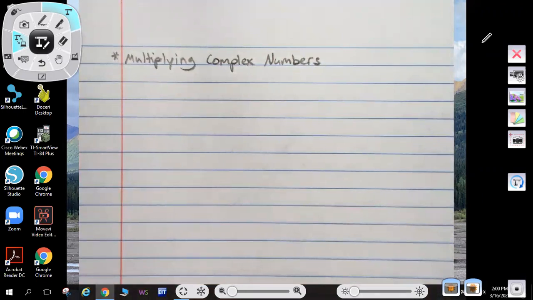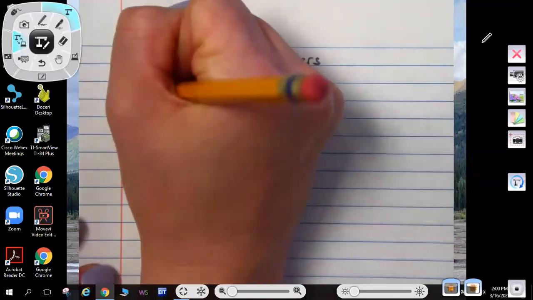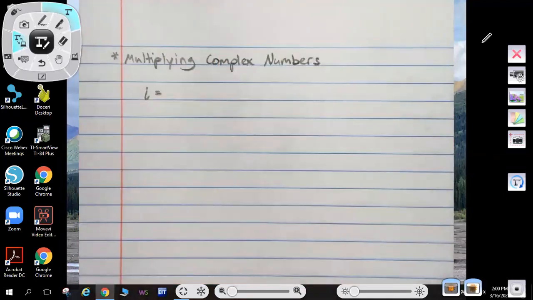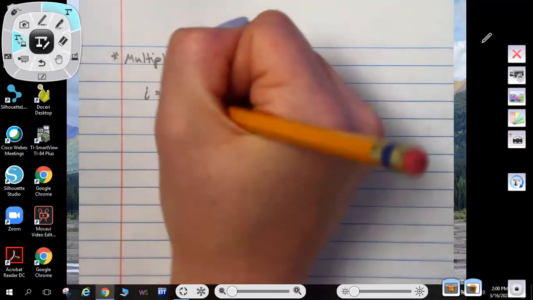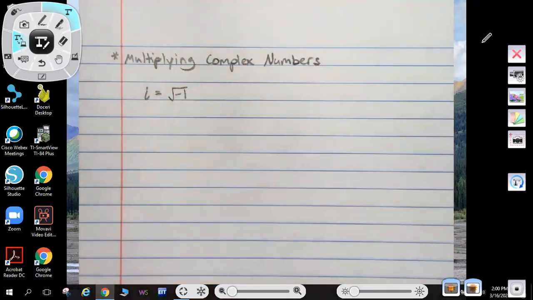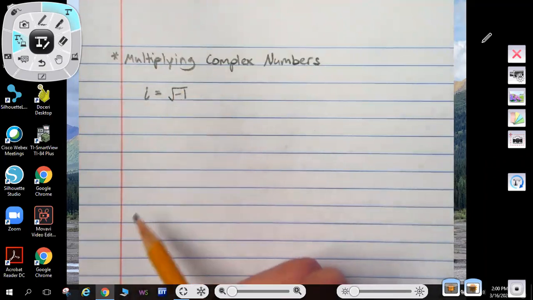Okay, so there is something that's going to come up when we're multiplying complex numbers. It's a fact about imaginary numbers. So if you think about i, hopefully you know i is equal to the square root of -1. When you take the square root of a negative number, that's what gives you an imaginary number.